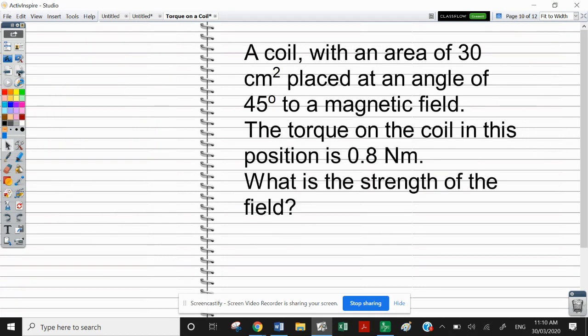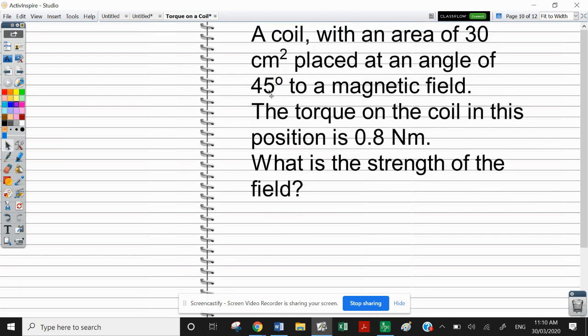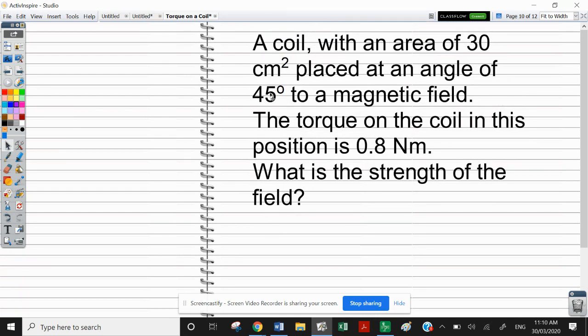Let's try another one. I'm going to change this angle to not be 45, but 30 degrees, because 90 minus 45 is going to be 45. So here we are, a coil with an area of 30 centimeters squared, placed at an angle.